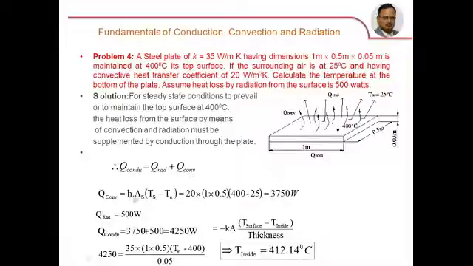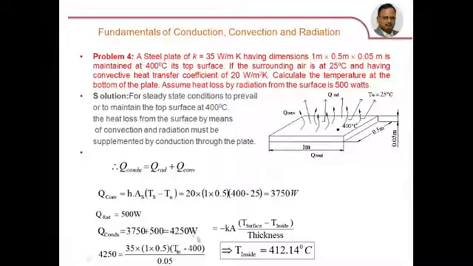The formula for convective transfer according to Newton's law is hA delta T. You know h, you know the surface area, and we know the delta T, you can calculate it as 3750 watts. And the radiation heat loss from the surface is given as 500 watts. So the total heat loss from the surface is 3750 plus 500, 4250 watts.